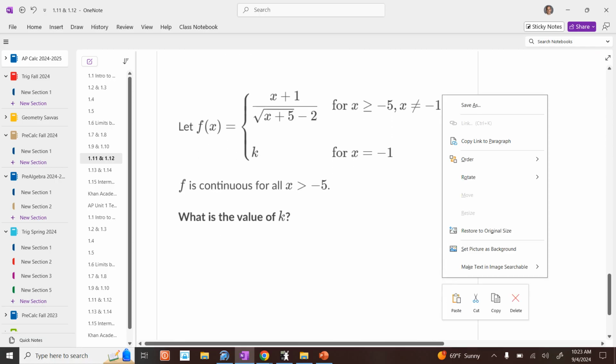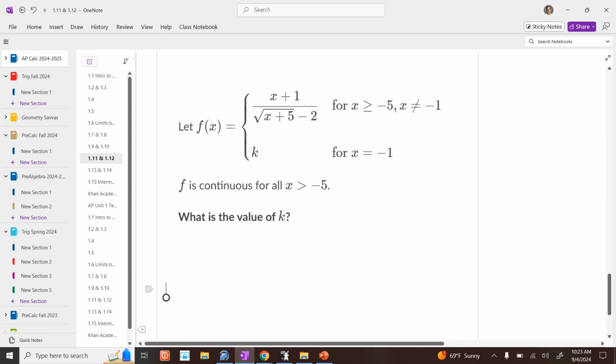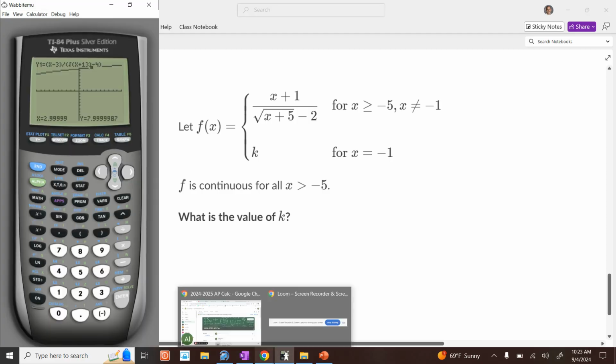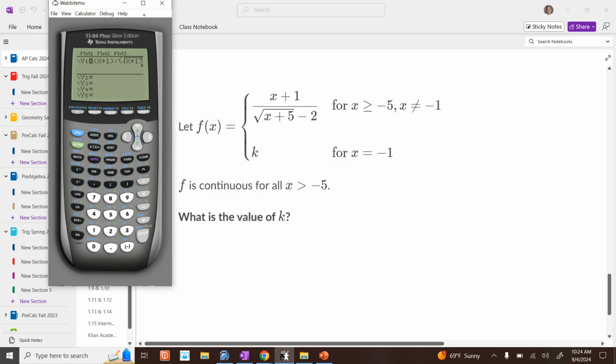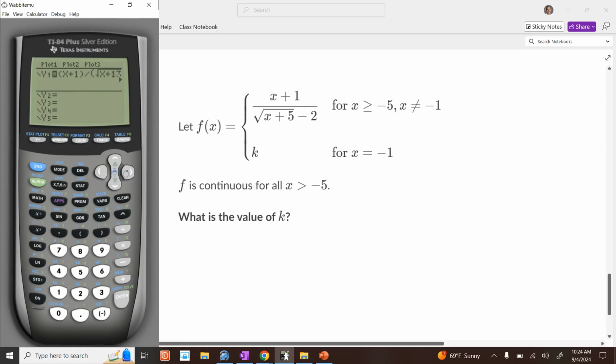What would be the value of k here? Again, graph it. So y equals x plus 1, x plus 5 minus 2.